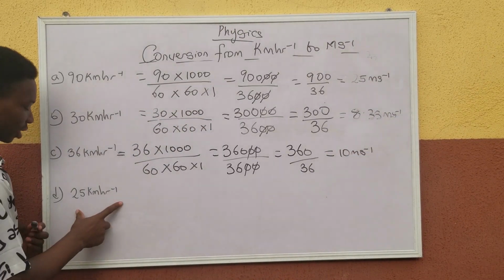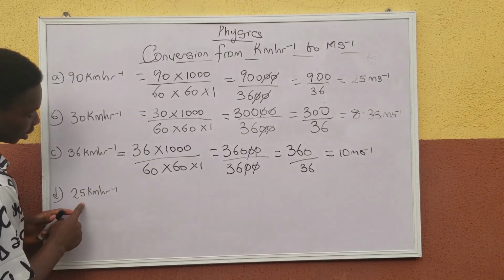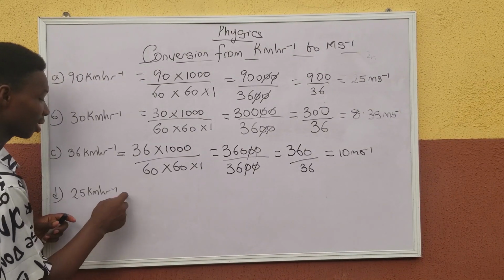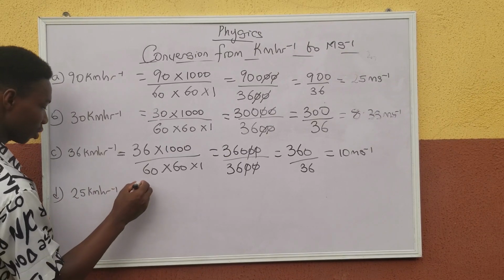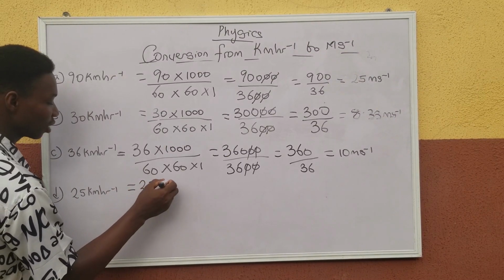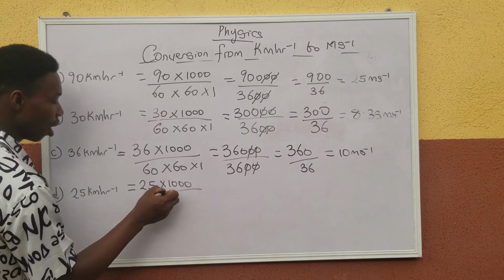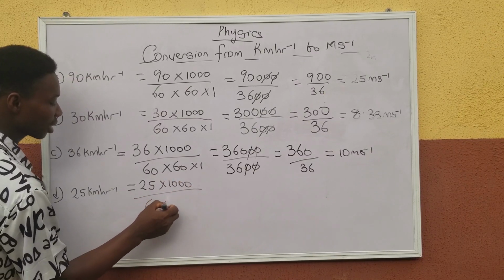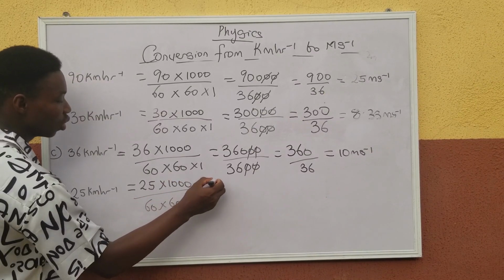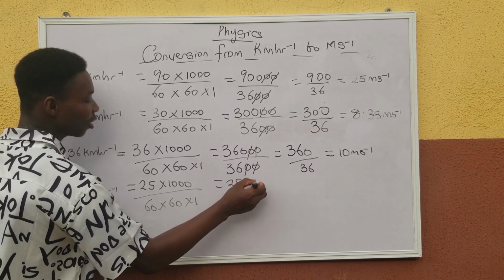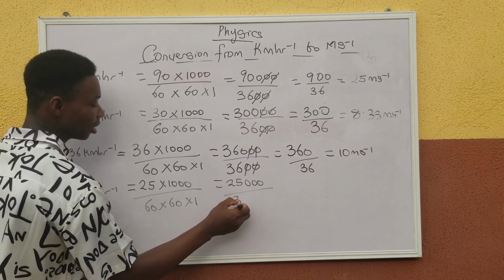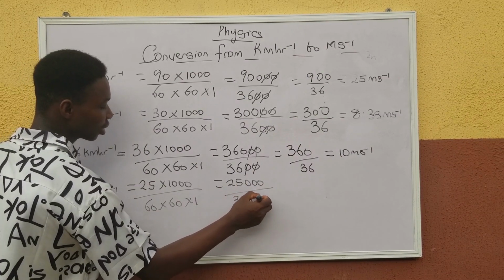And for this last question, we have convert 25 kilometers per hour to meter per second. So it's the same thing as 25 times 1000 all over 60 seconds times 60 minutes times 1, which will give us the same thing as 25,000 all over 3,600.